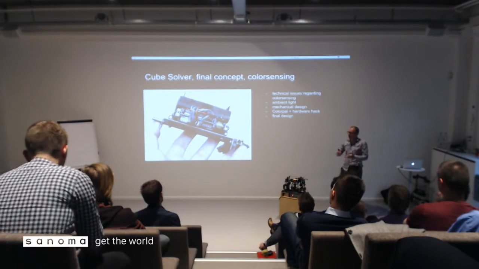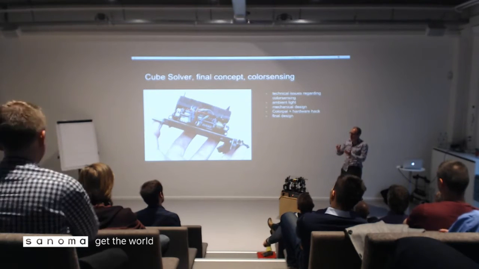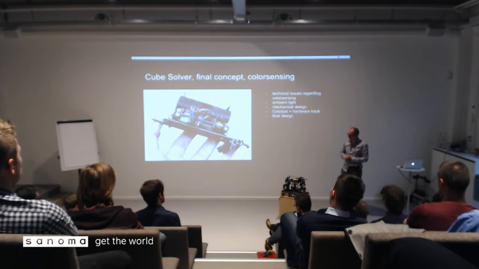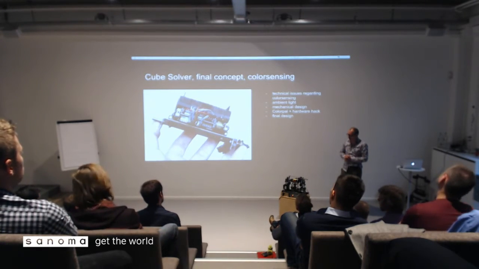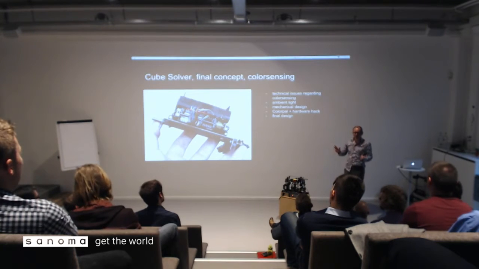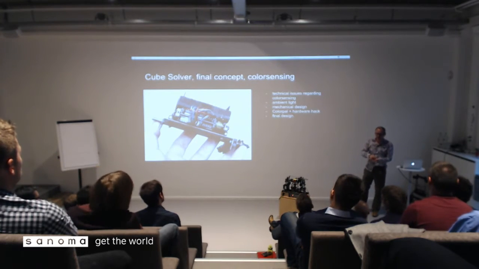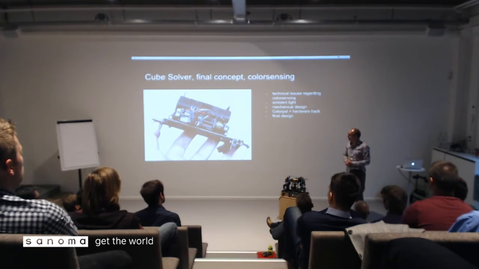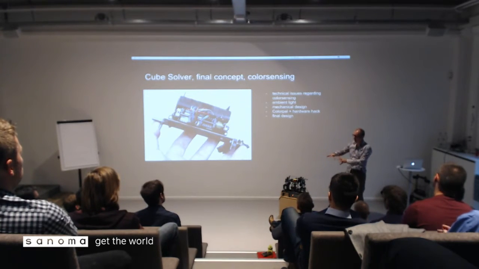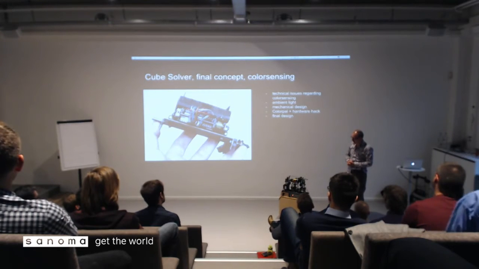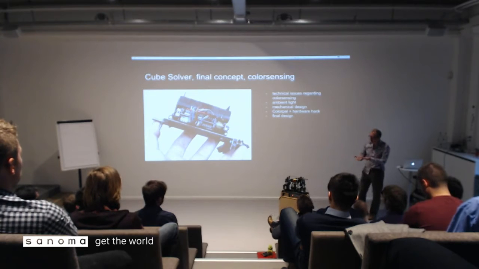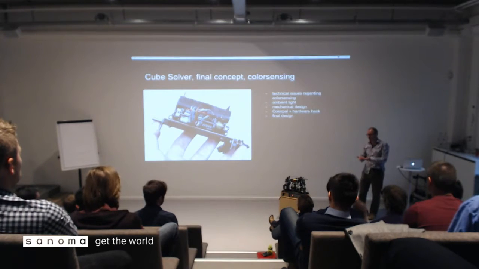The ambient light made it a bit difficult to do a good color detection. When you buy this stuff off the shelf, they always say just put it on top of a piece of paper, and then you don't have any problem with ambient light. But for this kind of purpose, it's a bit more difficult because you need to have some distance between the color pal, the color scanner, and the cube.